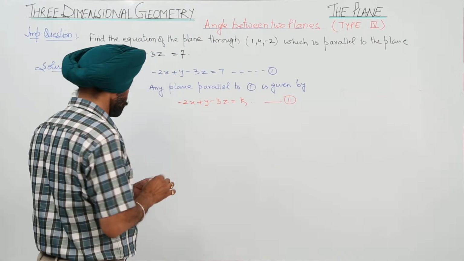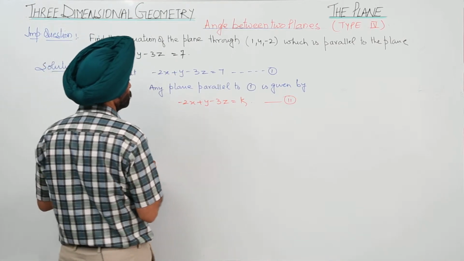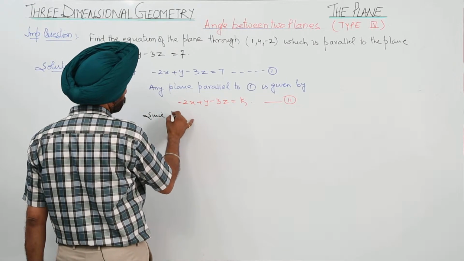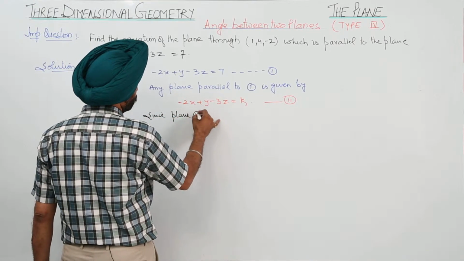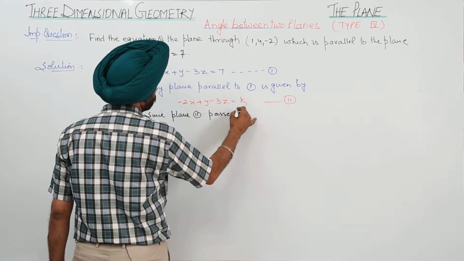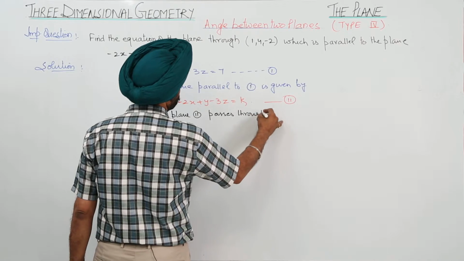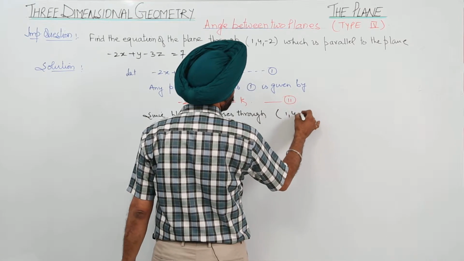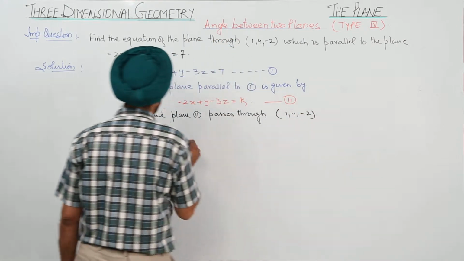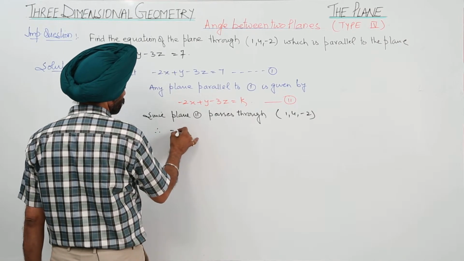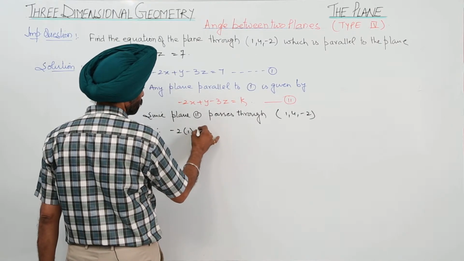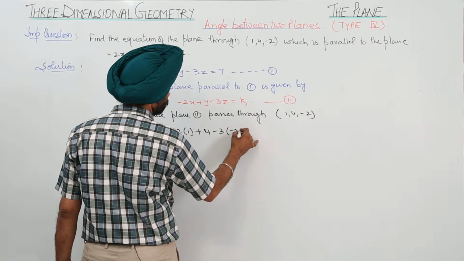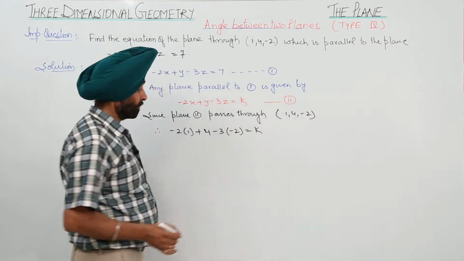Now, since plane 2 passes through (1, 4, -2), therefore -2 times 1 plus 4 minus 3 times -2 is equal to k.